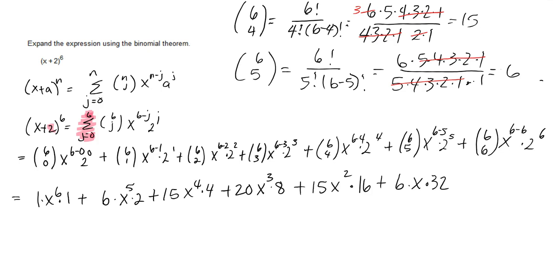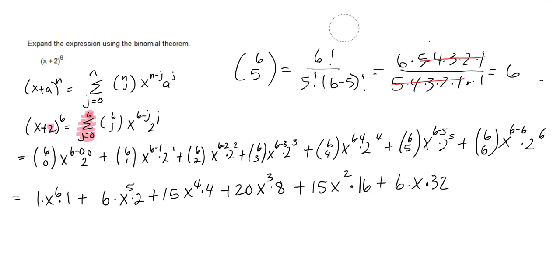Then we want to calculate 6 choose 6. So 6 choose 6 is 6 factorial over 6 factorial times 6 minus 6 factorial.